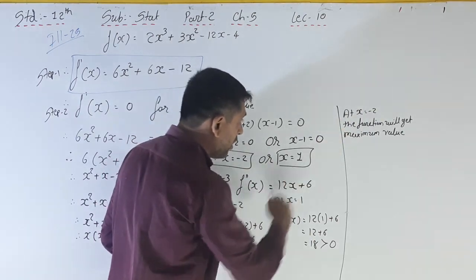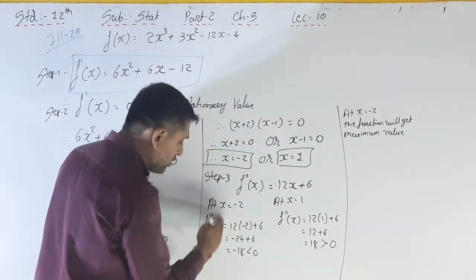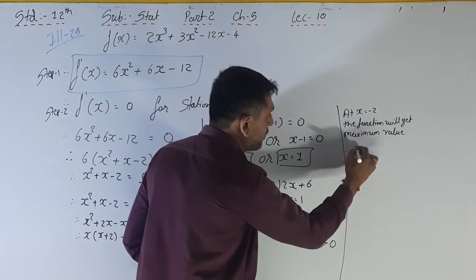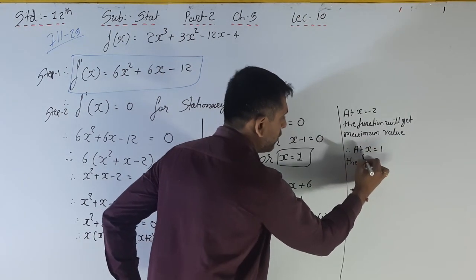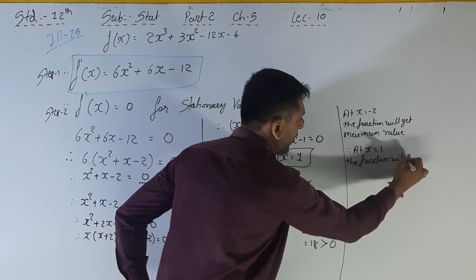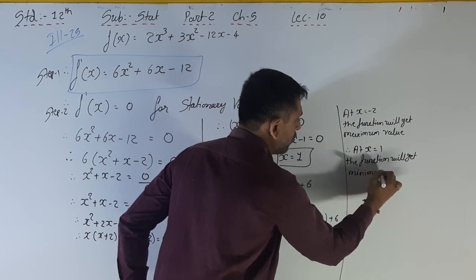Don't write in a different space, because I have no space, that's why I am writing here. You have to write at x is equal to 1, the function will get minimum value.